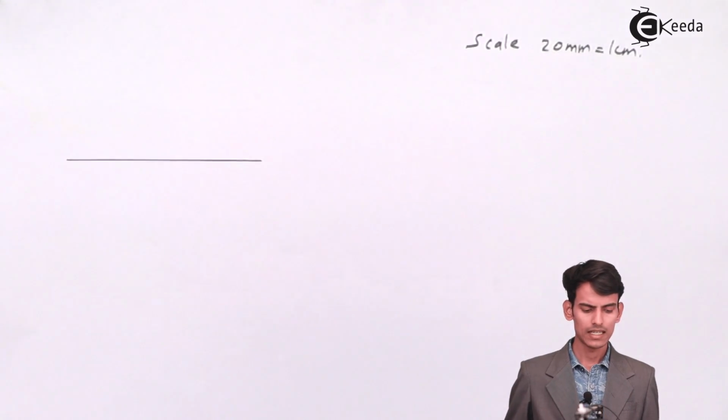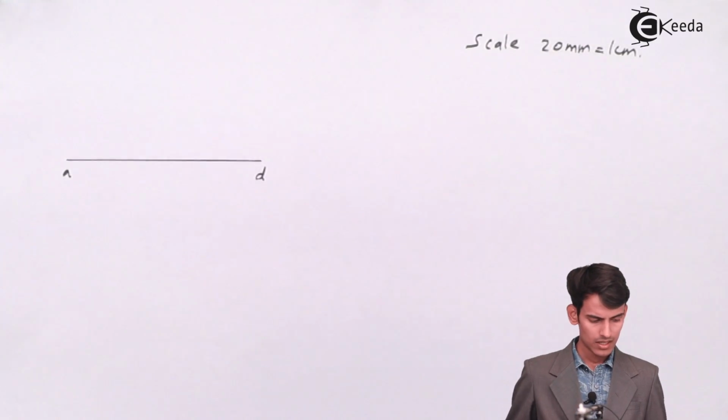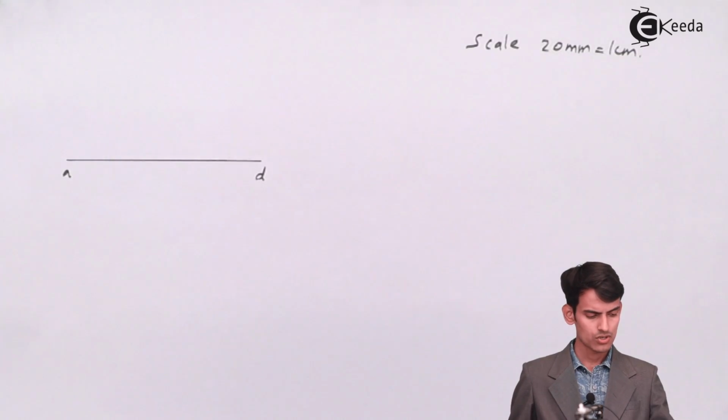So I've drawn the link AD. Next is the angle BAD, which is given as 60 degrees. So next you can plot the angle.